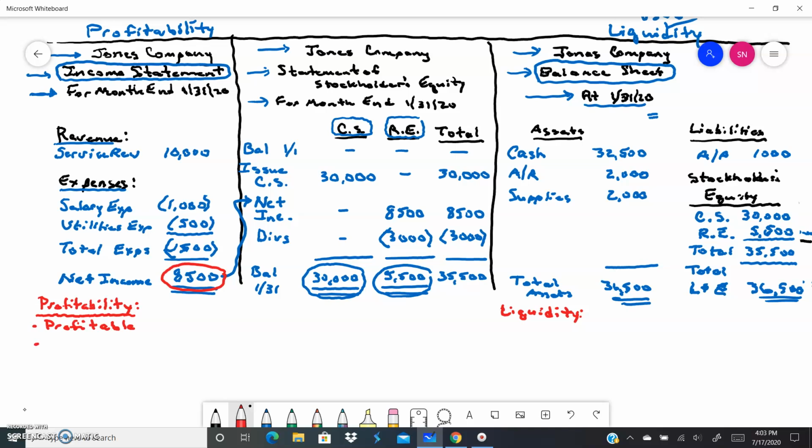And we can also make the observation that we are profitable even in the first month. And I'll put a little exclamation point there, because a lot of companies, it takes months or even sometimes years to be able to become profitable. For those of you who are maybe familiar with the car company Tesla, it took them years to become profitable.